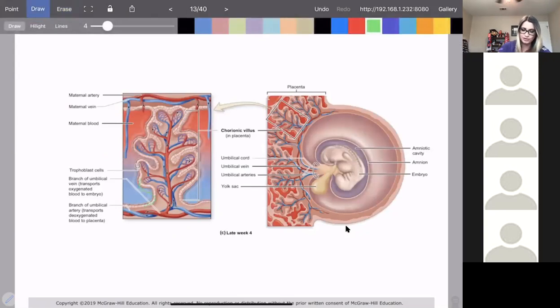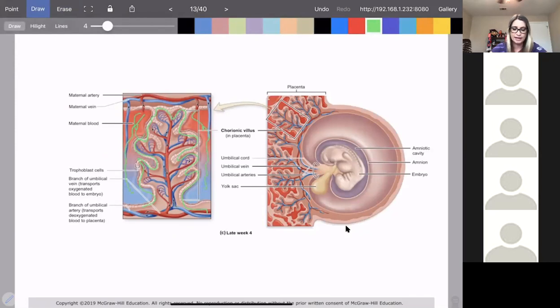So notice how you just have a single layer of cells for the most part here, that lines this up, and then you have all these blood vessels inside, and this is how the gas exchange and nutrient exchange is going to happen. So the blood comes to the area through the maternal artery, and then it fills these spaces, these sinuses right here.